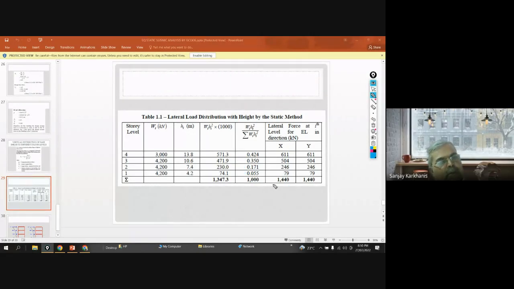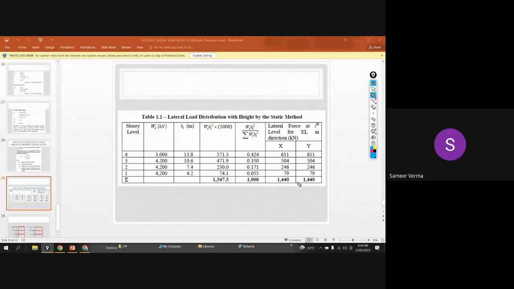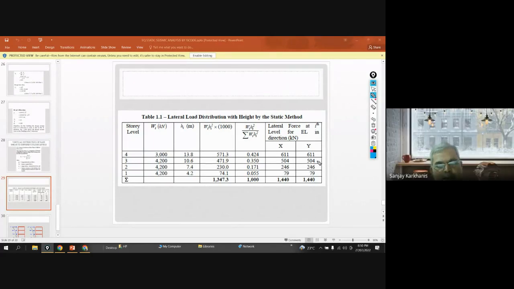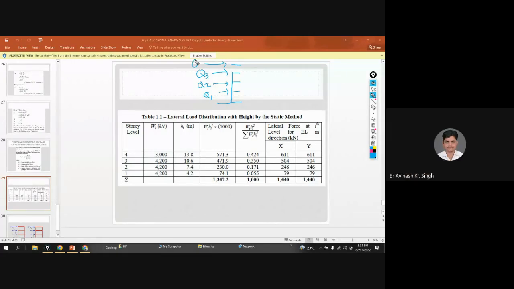Similarly for Y. Now I will say that finally I got the lateral loads due to earthquake activity for my structure like this. So these are Q1, Q2, Q3, Q4.